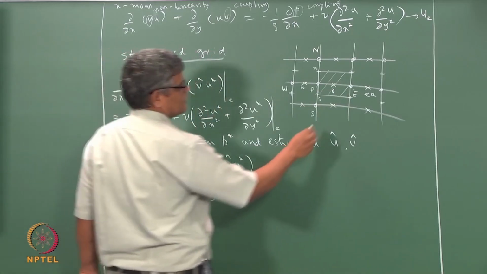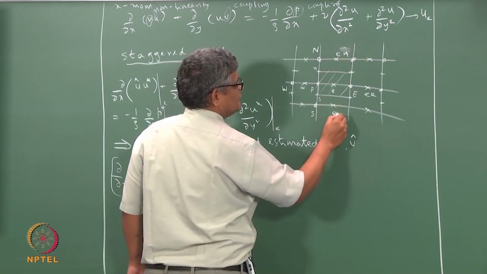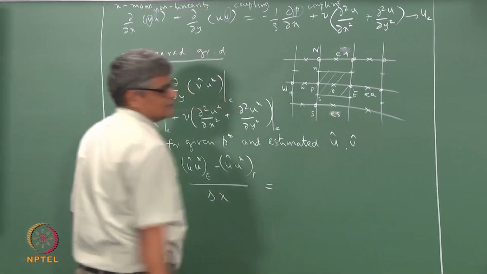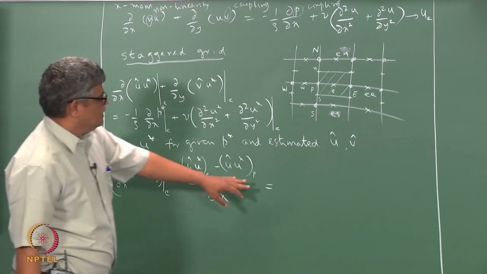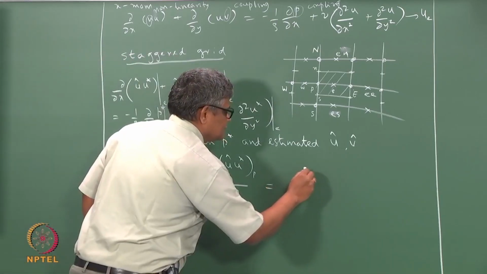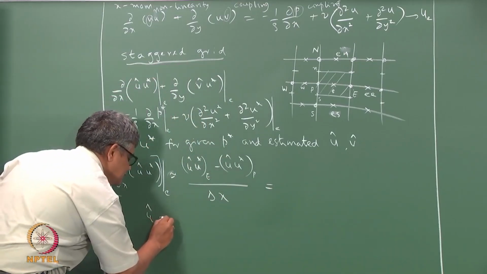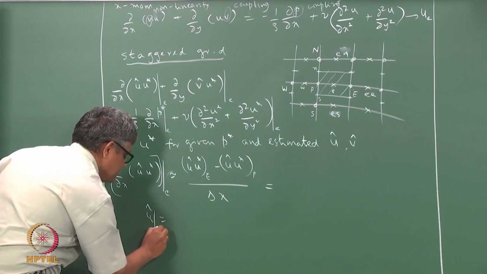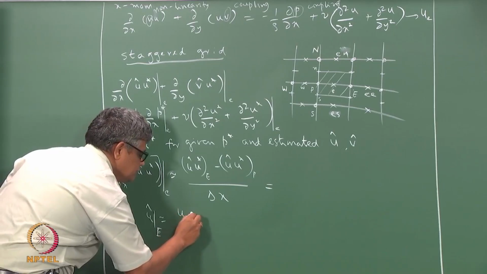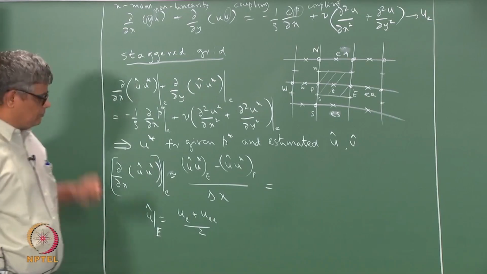And similarly we can put this as EN, and this as ES, like this. So by denoting it like this we can write u hat at capital E as UE plus UEE divided by 2.